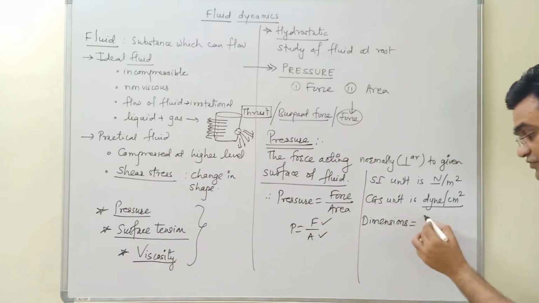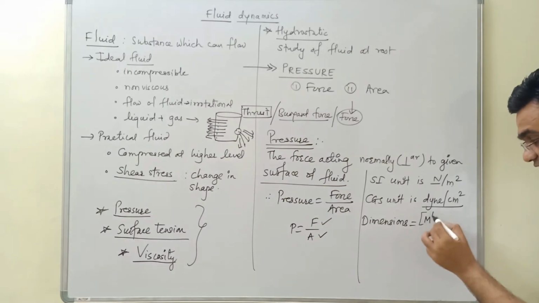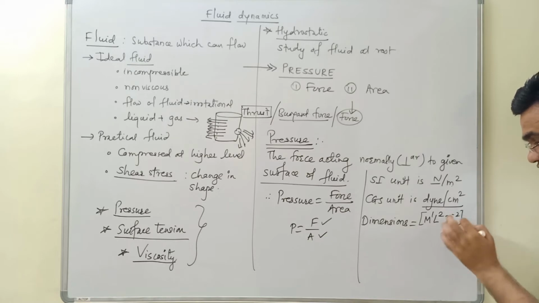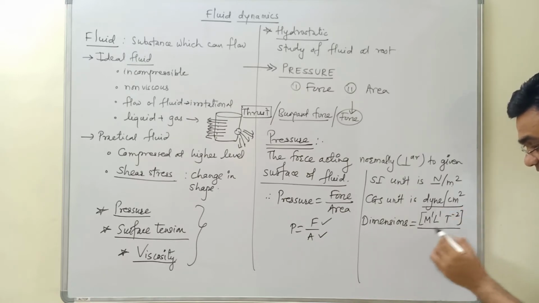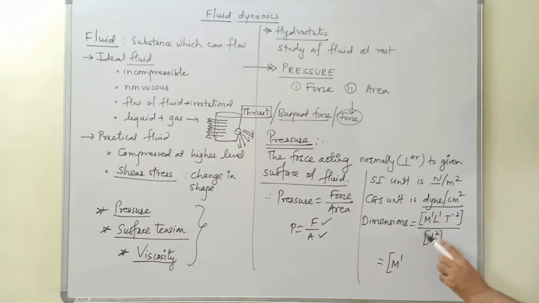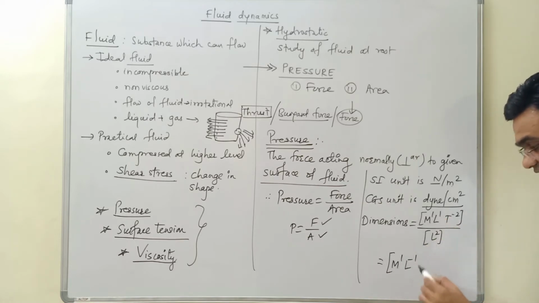If I want to find the dimensions, what are the dimensions of force? Can you recall? Yes, it is M1 L1 T minus 2, divided by area, so it is L2. So what will be the final dimensions? M1 L1 upon L2 is L minus 1, and T minus 2.